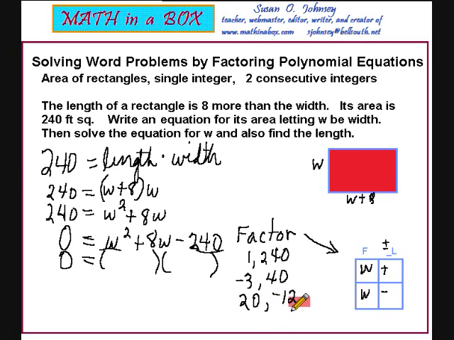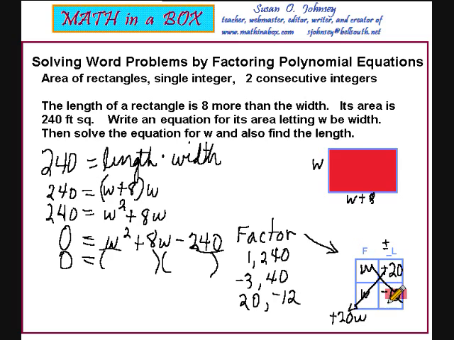Now hopefully you already know how to do this. This is why I'm going very quickly over the factoring. This has been studied in several other lessons prior to this one. If I put 20 in one box and a negative 12 in the other, we have our negative 240. Now we go across and multiply again. That's going to give you a positive 20W.